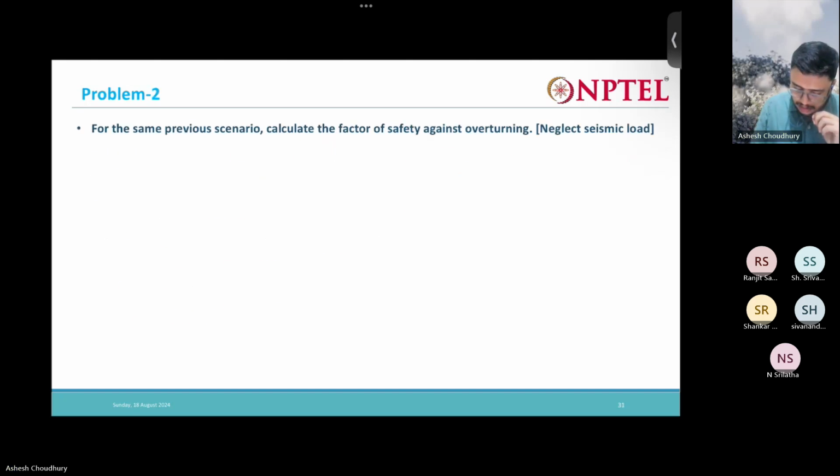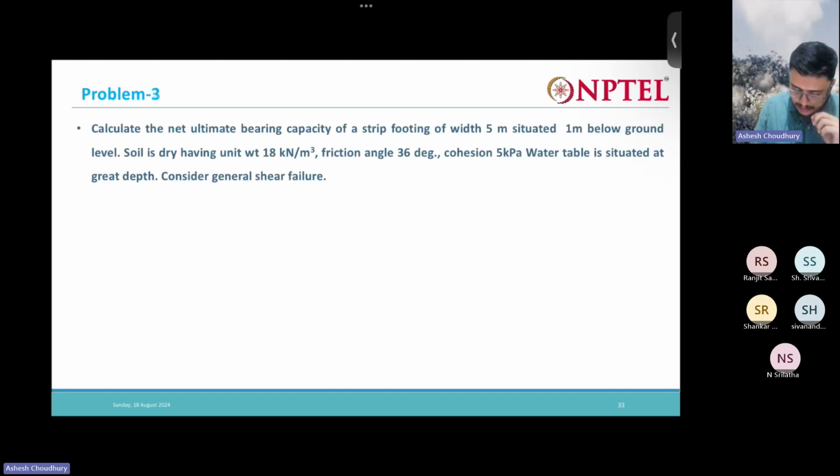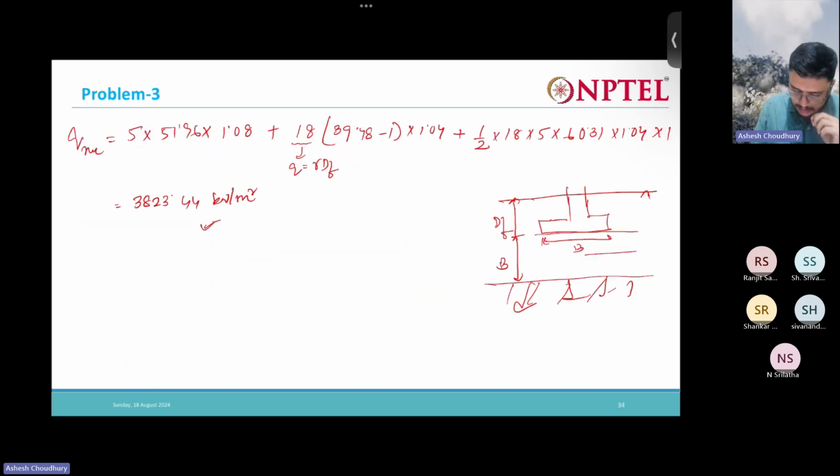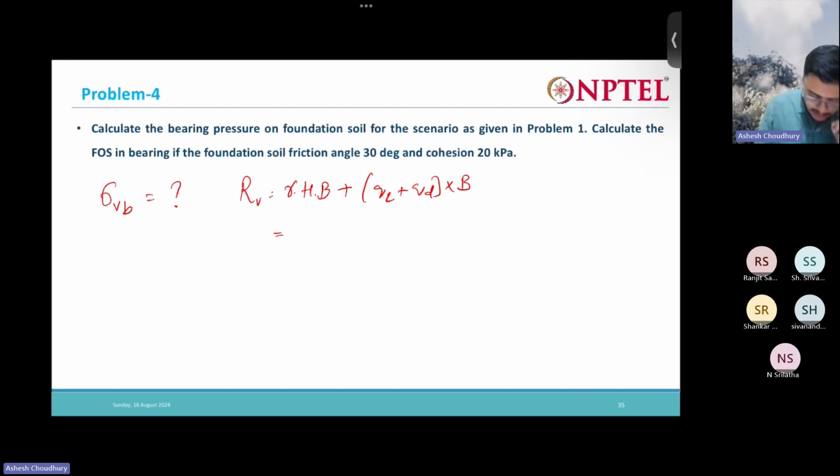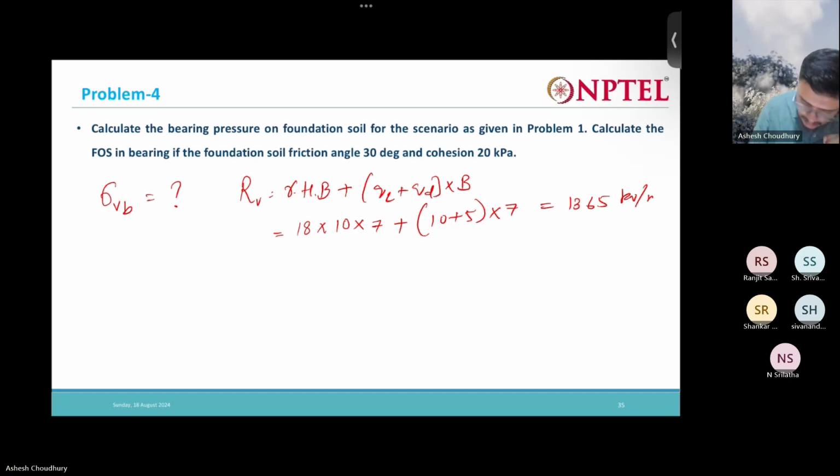So directly you can find out 18 into height of the wall was 10, width of the reinforced soil block was 7, 10 plus 5 times 7. This one will come as 1365 kilonewton per meter.